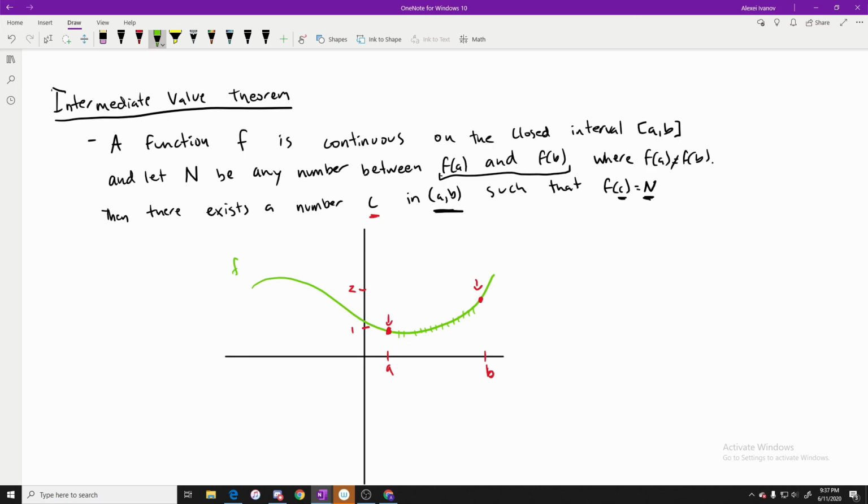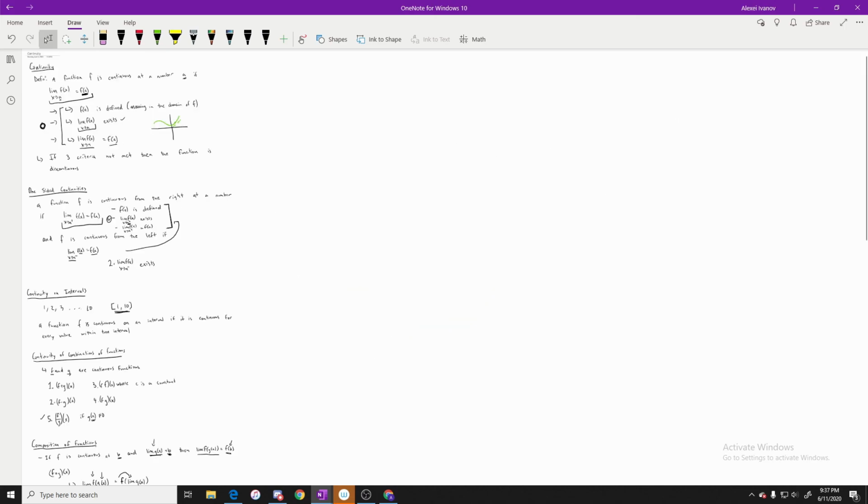Therefore, there must be an x value within that interval that maps to that specific value, which is given by this formula right here, that f at this x value will map to this arbitrary value of n in between these two endpoints. So that's it for continuity.